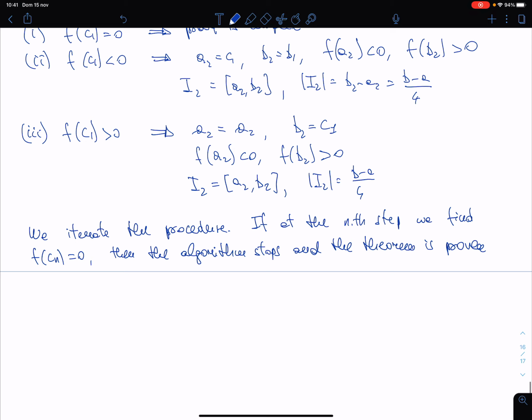On the other hand, if on the contrary, for every n, f of cn is not 0, we construct two sequences. The procedure gives us automatically two sequences.